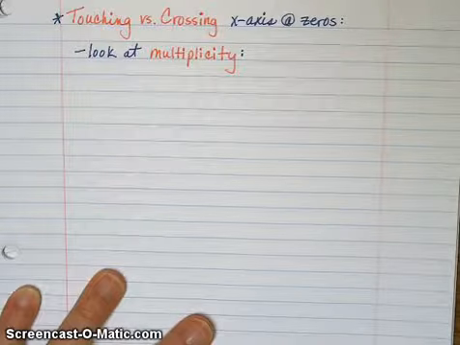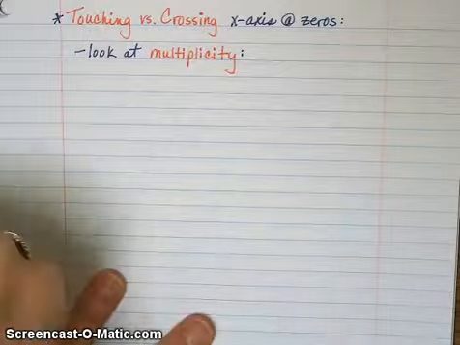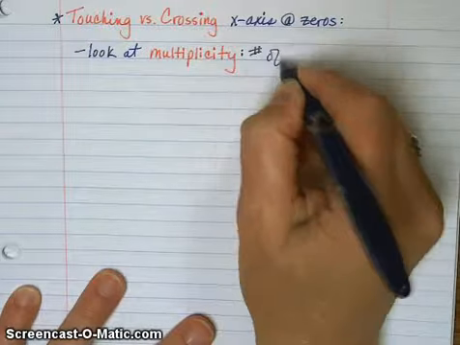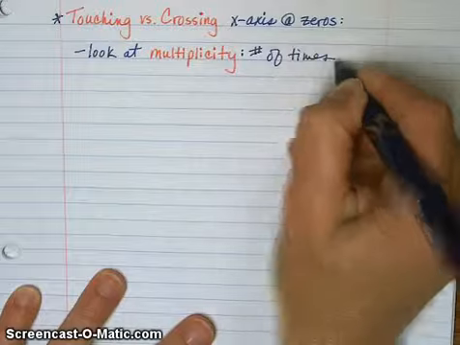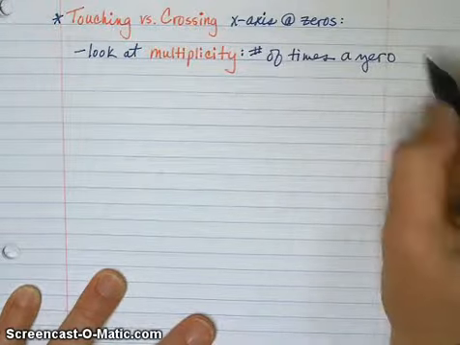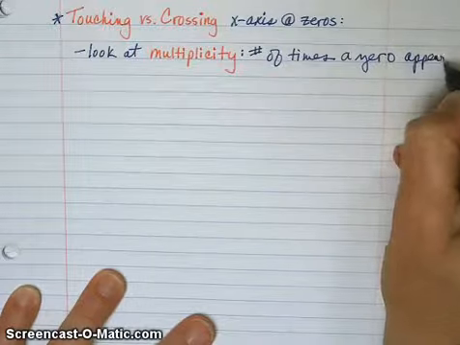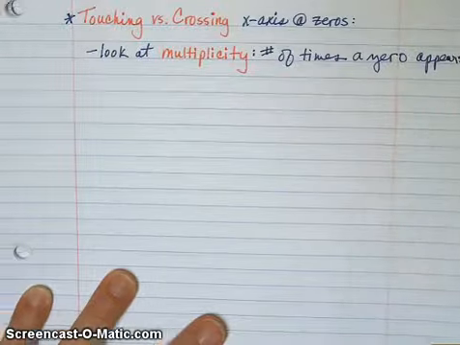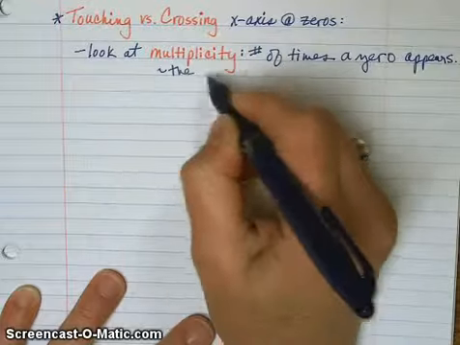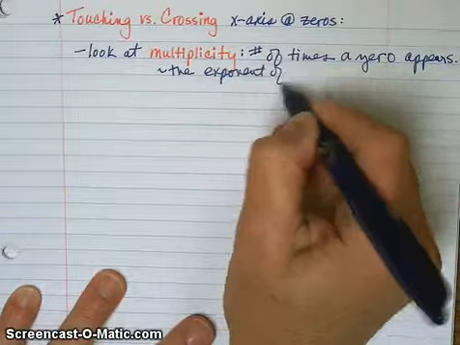And the way you do that is by looking at the multiplicity. The multiplicity is the number of times a zero, remember the zeros we've already calculated, a zero appears. It's also referred to as the exponent of a factor.